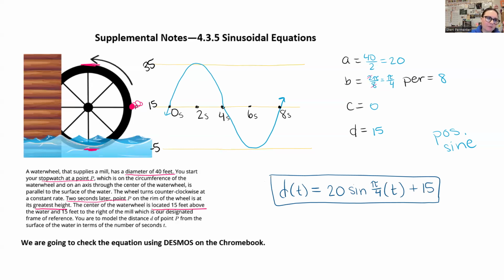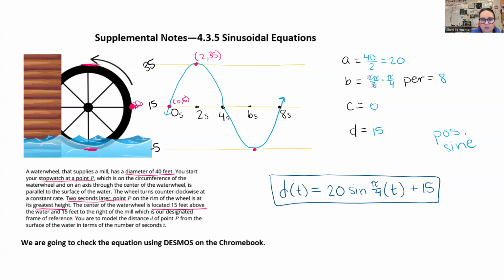We're going to check our graph, but when we check it, we're going to also plot a few points along with our equation. I see 1 point right here, which would be 0, 15. I could also plot the points to make sure that I go to the correct maximum and minimum values. So I've got 2, 35.